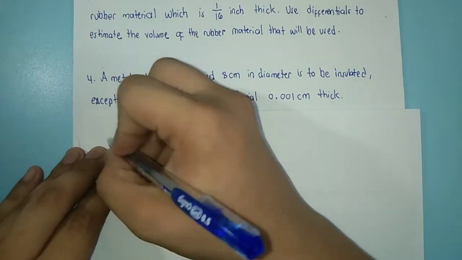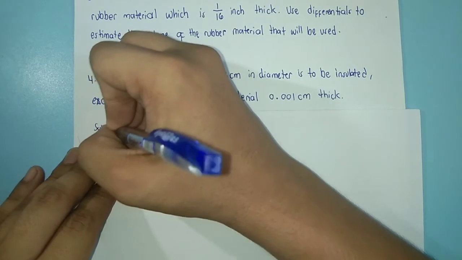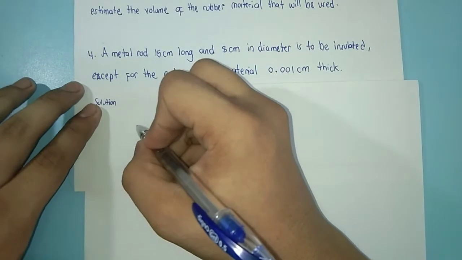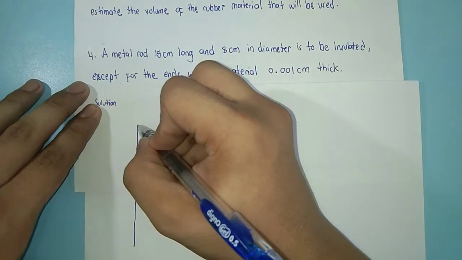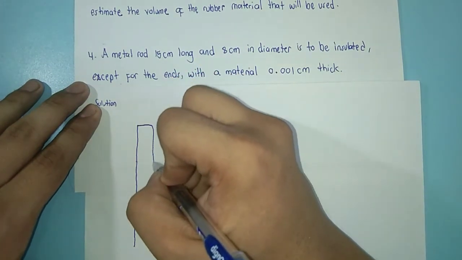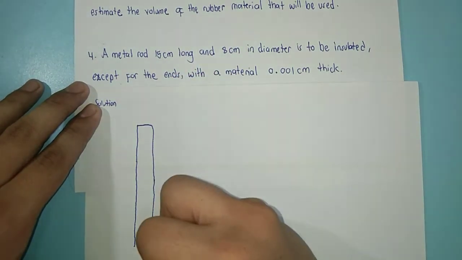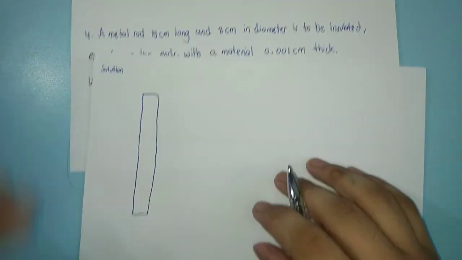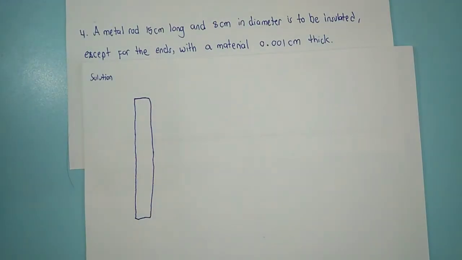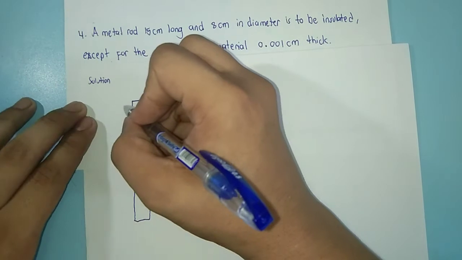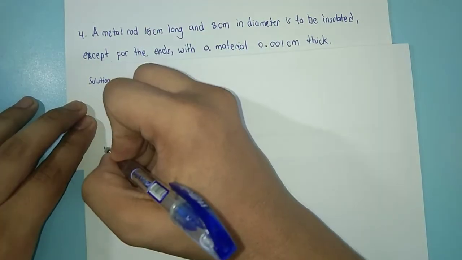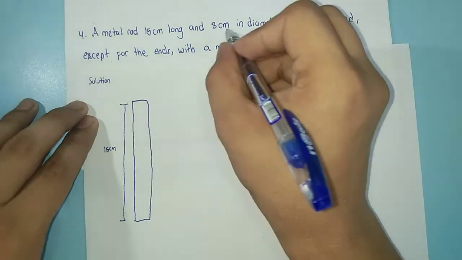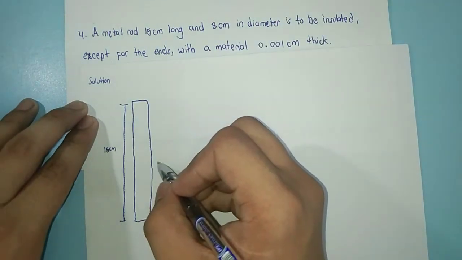Okay, so halimbawa meron tayong solution muna. Metal rod, so halimbawa ito yon. Itsura kasi ng metal rod para siyang cylinder. Tapos, ang sabi, 15 centimeters long daw siya. So, ibig sabihin, ito, 15 centimeters. Tapos, yung diameter, 8 centimeters.